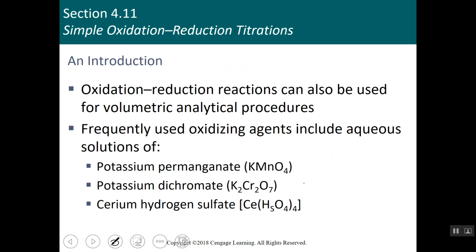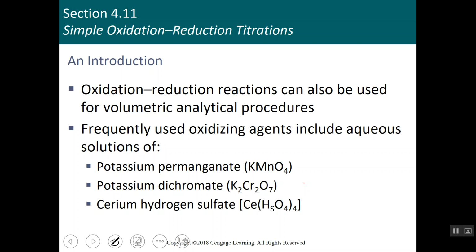And then we'll finish up this particular lesson with just talking about oxidation reduction titration. So we can use this process and do analytical methods with it. Some of the common oxidizing agents we use are potassium permanganate, potassium dichromate, and cerium hydrogen sulfate.